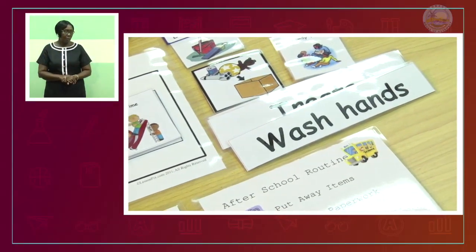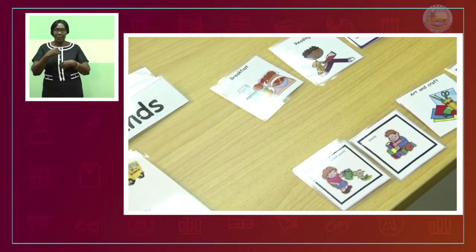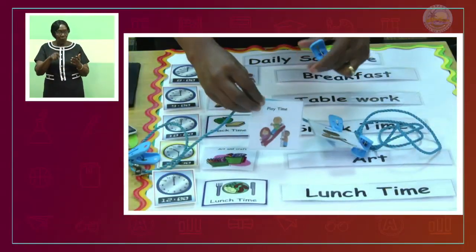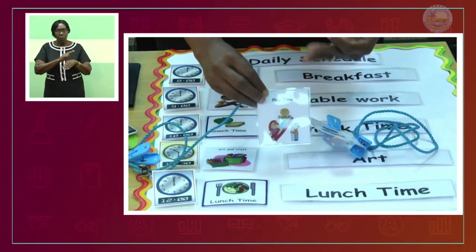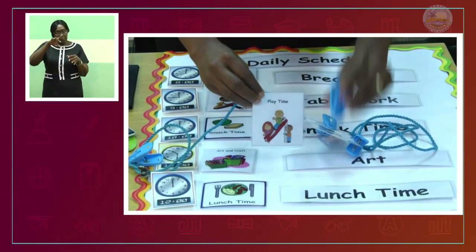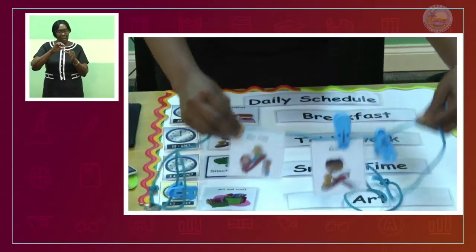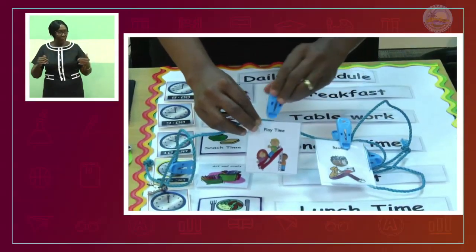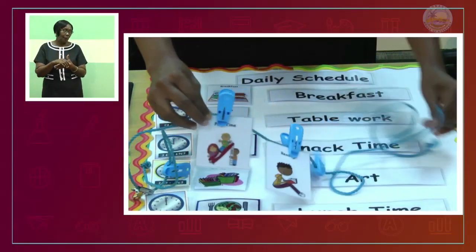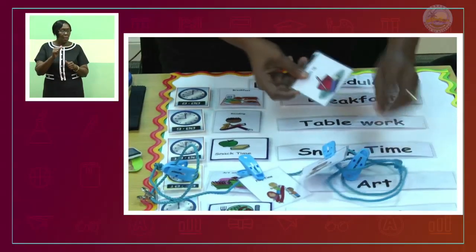So you may not have the materials to create a visual schedule like the one just shown. What you can do is use your pictures or a photograph of the child, and you can use clothespins and a little clothesline or any piece of nylon, and you can pin the different things that the child needs to do on a given day.